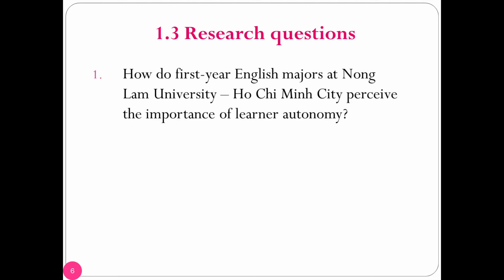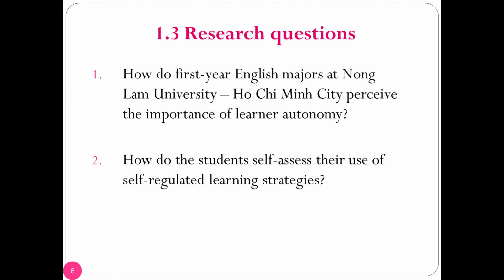Number 1, how do first-year English majors at Nông Lâm University, Ho Chi Minh City perceive the importance of learner autonomy? And number 2, how do the students self-assess their use of self-regulated learning strategies?